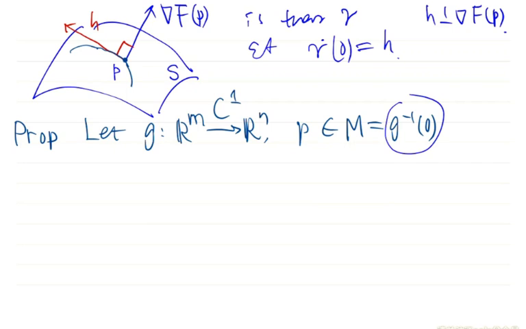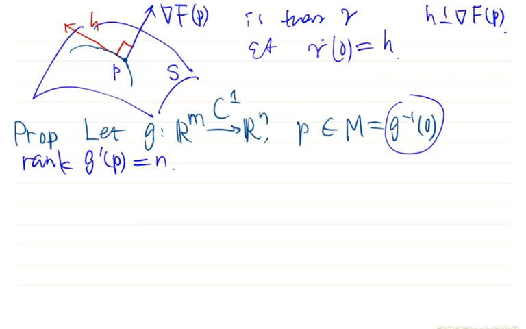This we consider as a surface. But of course, in general, this M might be very strange. But if we assume some regularity assumption, so we assume that the rank of the derivative matrix of G at the point P is n.